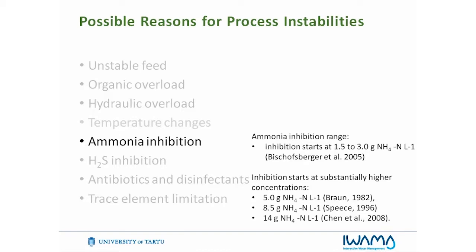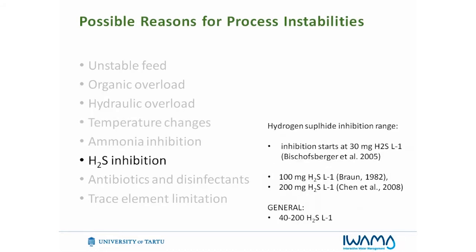Ammonia inhibition is quite variable. It depends very much on the pH conditions in the reactor, and there are also different reports on the ammonia inhibition levels, starting from 1 to 2 or 1 to 3 grams ammonia per liter, and some report very high levels of ammonia until the inhibition is achieved. And then hydrogen sulfide inhibition, the same.